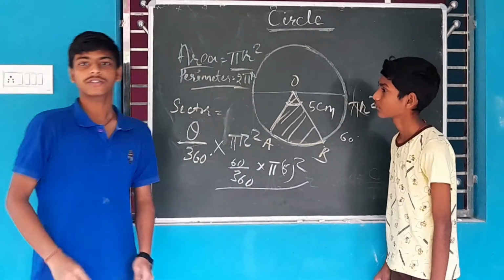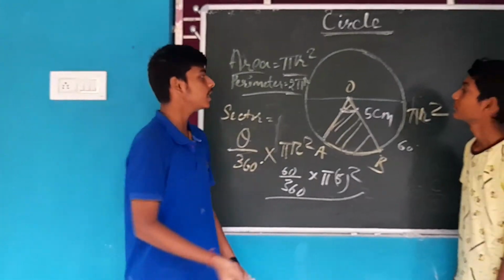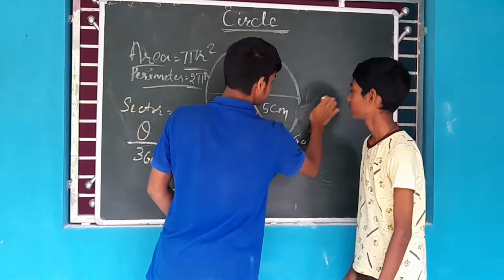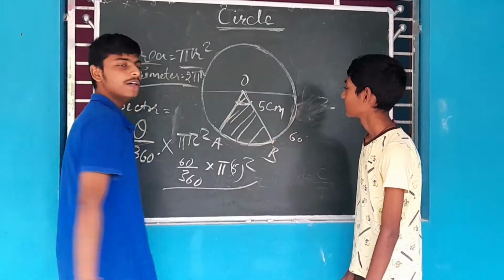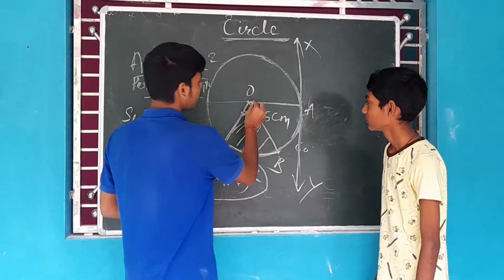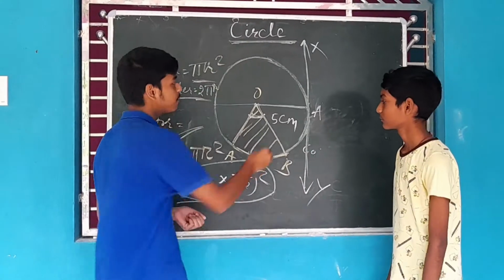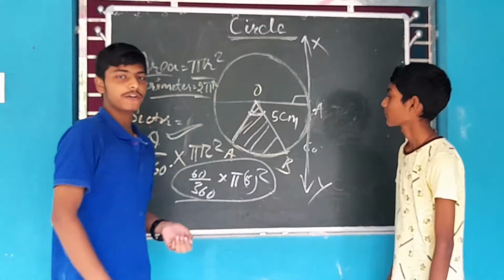Now let's talk about some theorems that we can prove in a circle. The first theorem states that a tangent drawn at a point of contact will be perpendicular to the radius at the point of contact.